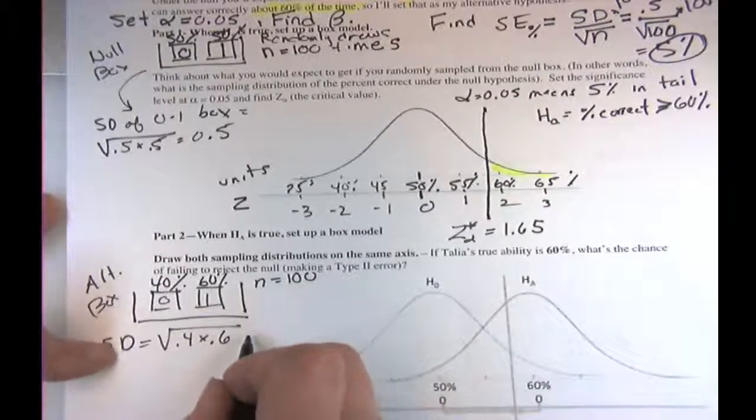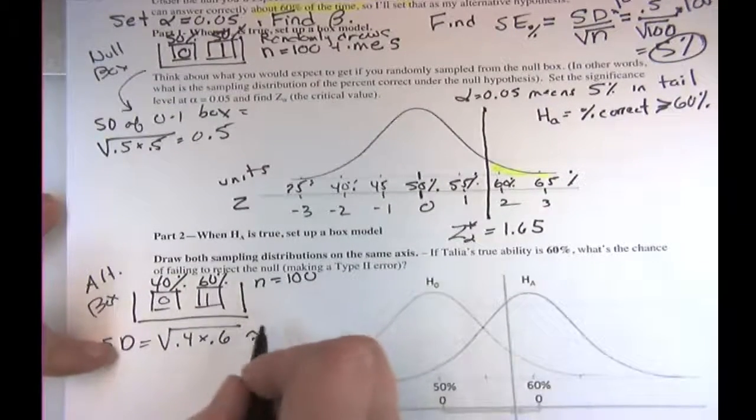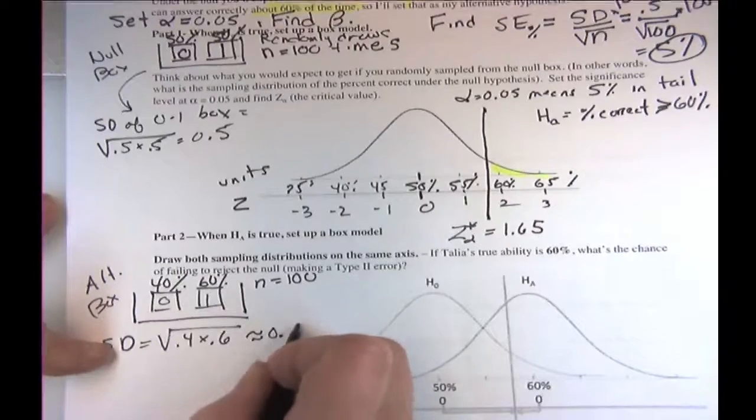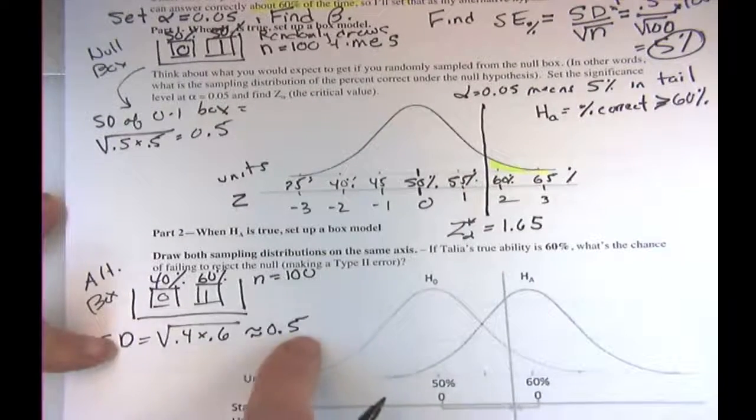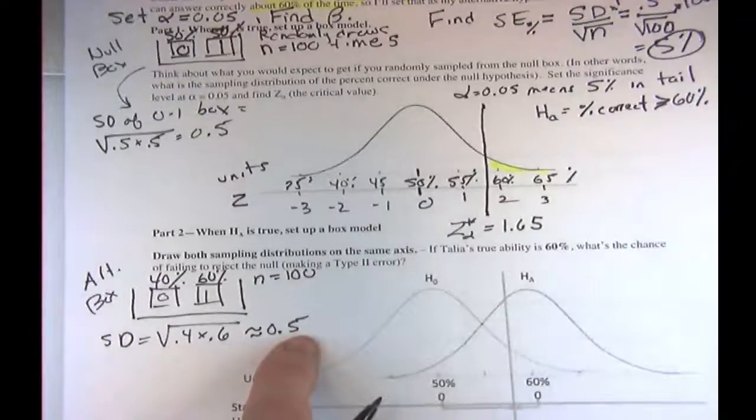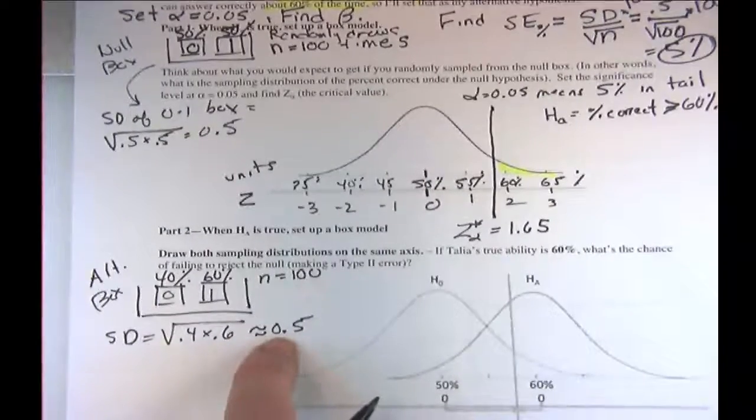It's so close that we are going to say it's approximately 0.5. Later on, I can show you how to do it exactly if you want. It's just going to make it a little more complicated, and it's very close.